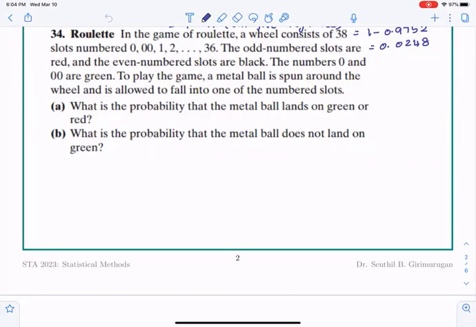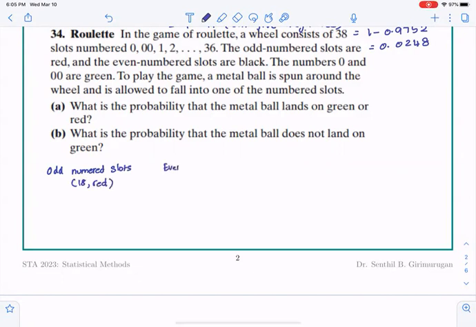So in the game of roulette, a wheel consists of 38 slots numbered 0, 00, and 1 through 36. Odd number slots are red. So there are 18 of them and they are red.